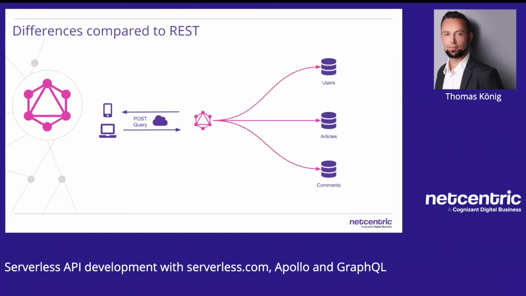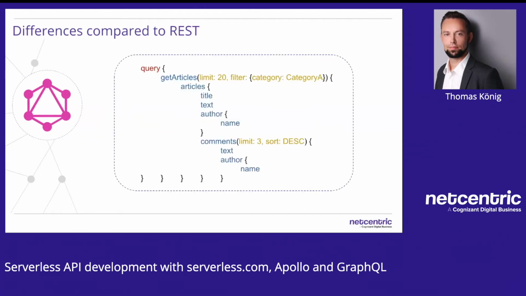And the resolvers will then take care of calling the user database, the article database, and the comments database. GraphQL will also take care of aggregating all this information and provide only the fields that have been requested within your query.